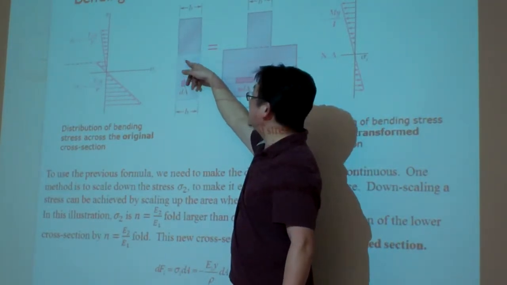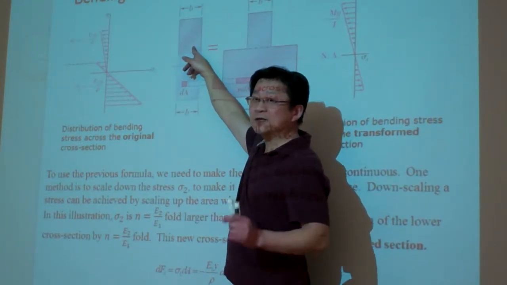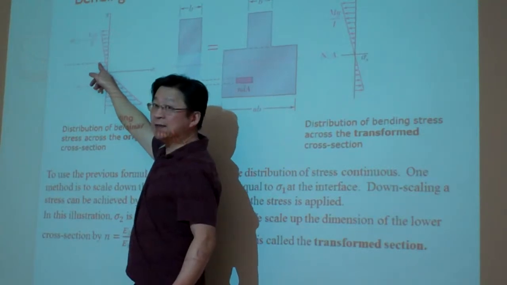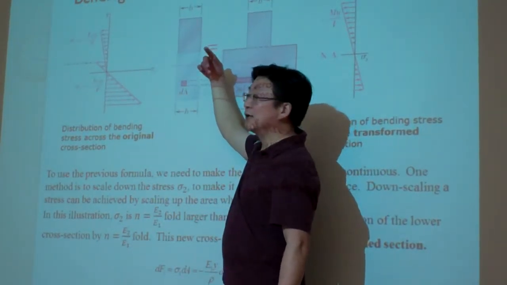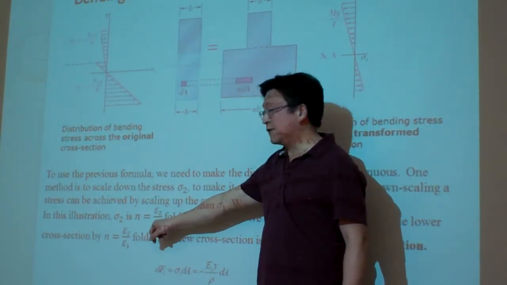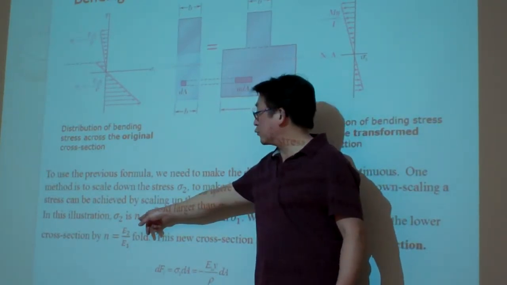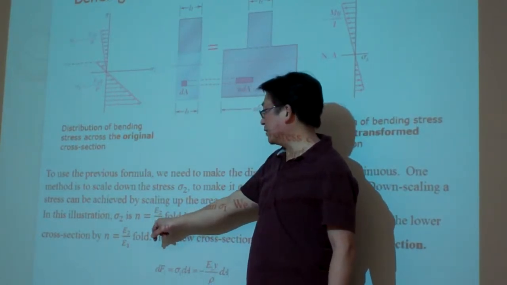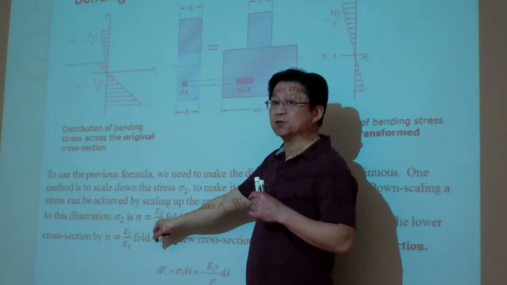you pick one material. Here is the composite, but you pick any one as your reference, and then you calculate the ratio, and we call it n. The ratio is equal to, for example, here 1 is the reference material, E2 is the other one. So the ratio n is simply E2 divided by E1, and again E1 is our reference, unchanged.